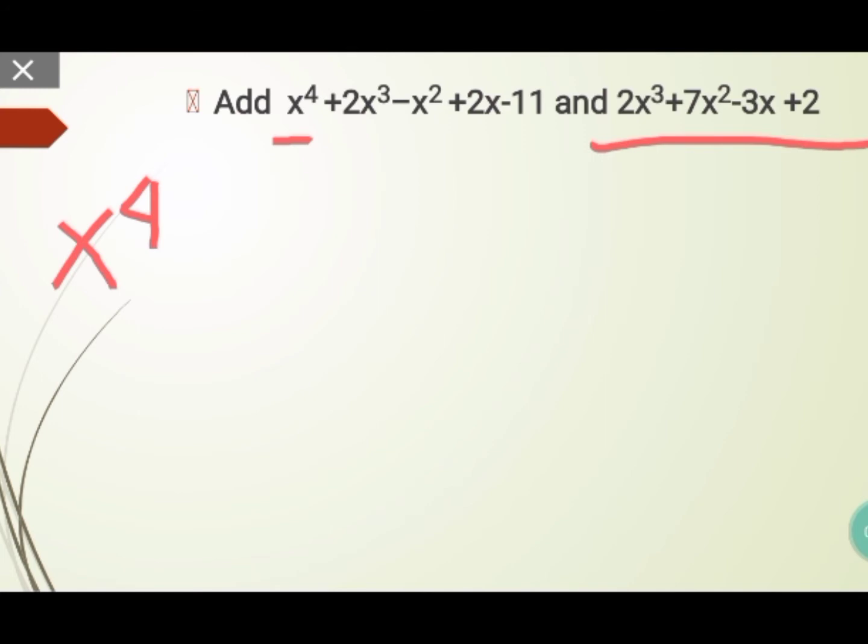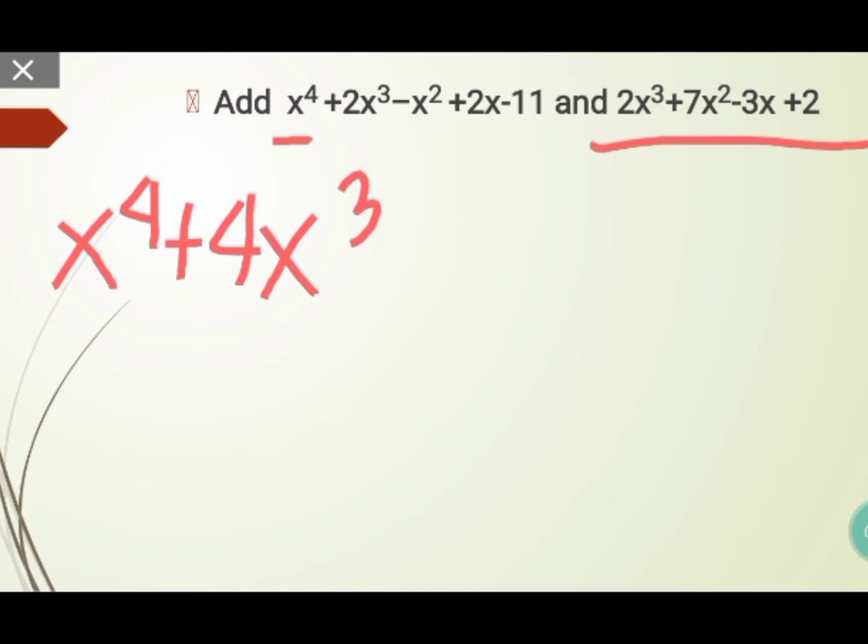Next is positive 2x cubed. You're going to add both sides, so 2x cubed plus 2x cubed, so we have positive 4x cubed.